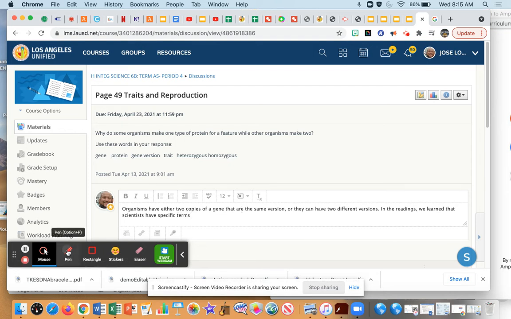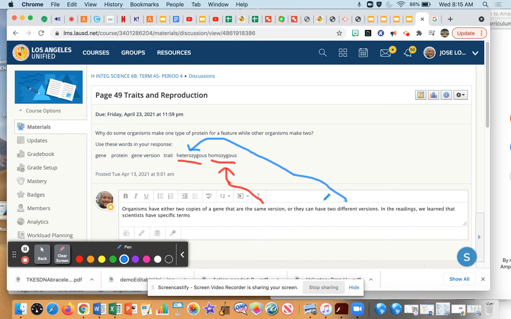The specific term they use for the same is homozygous. And if a version is different, we refer to it as heterozygous. So same, homo; different, hetero. If you can remember that, then you'll remember the differences between both.